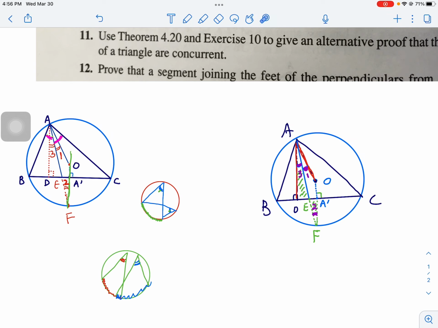Because of that, this arc should be equal to this arc. Why? Because the angles are equal. And therefore, the distance from F to B is the same as the distance from F to C. So we have finished proving the equal distance fact.